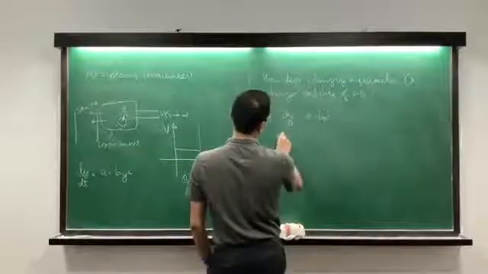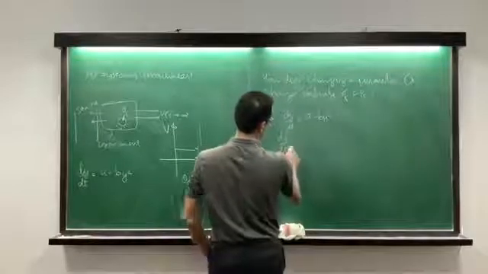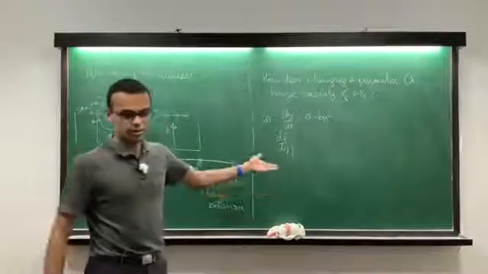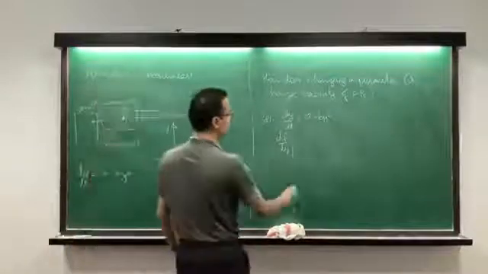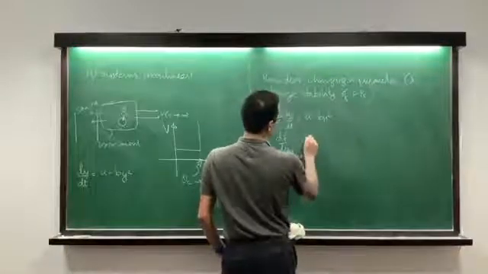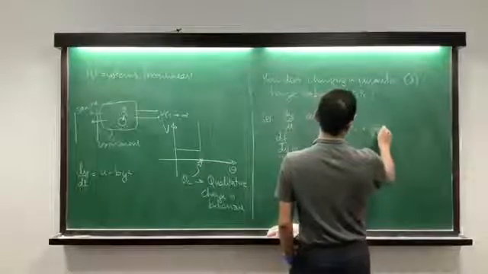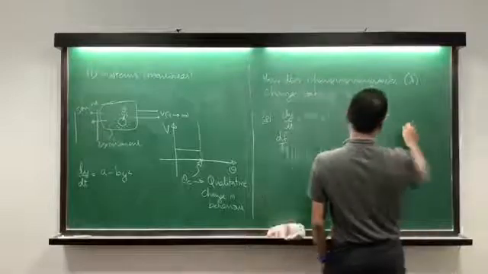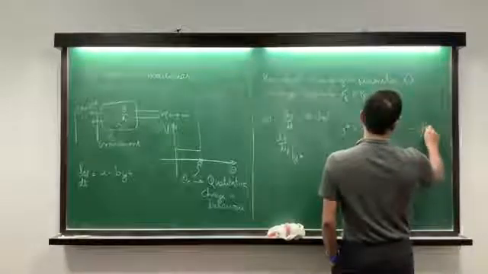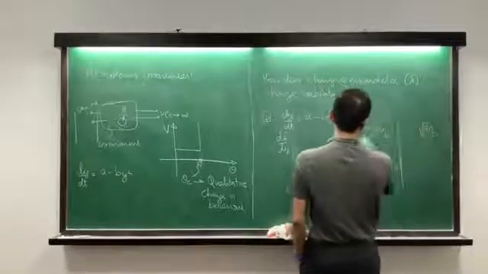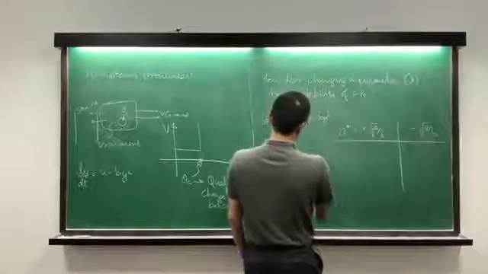If I find df by dy, which, remember, is from the linear stability analysis, or linearization, this is what determined the stability of a fixed point. So for y star equals plus square root of a by b and minus square root of a by b, what is the value of df by dy?